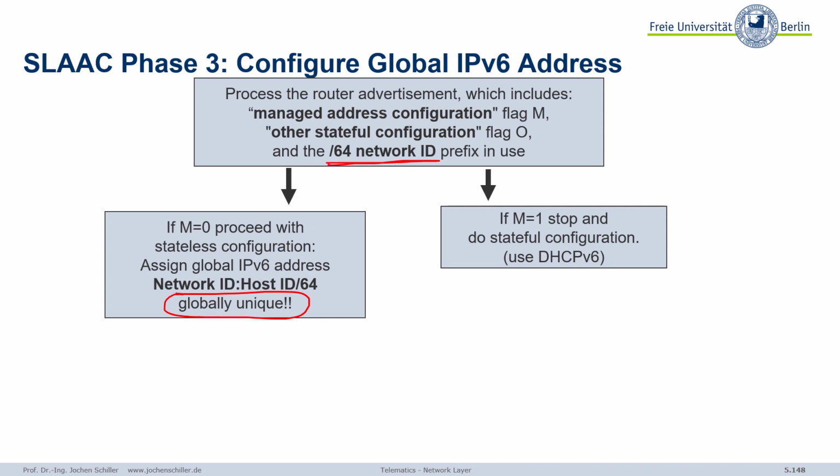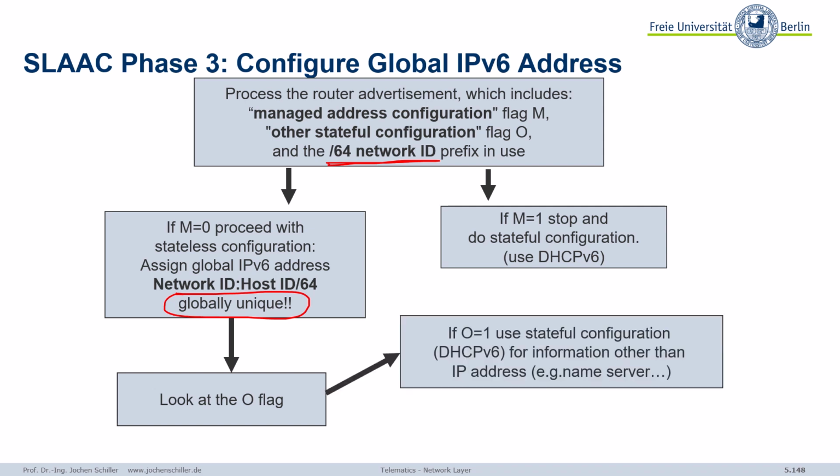And now, depending on the other flags, we have our address already, and we can continue depending on this O flag if we need DHCP version 6 for a name server or some other things; otherwise we simply say, okay, that's enough because I have my address.